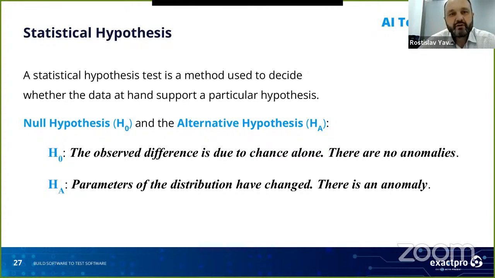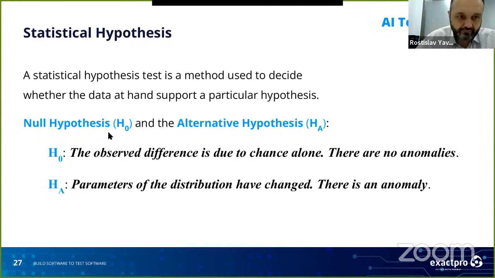This task of checking whether some hypothesis is correct or not was well studied during the 20th century. So a lot of quite powerful and interesting methods were developed. Let me just give you a short introduction into this topic.